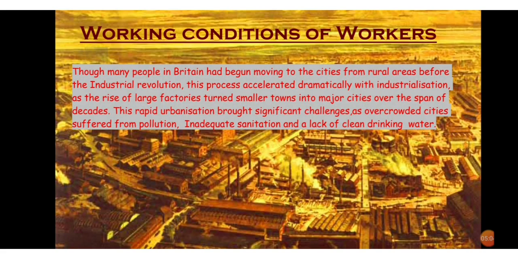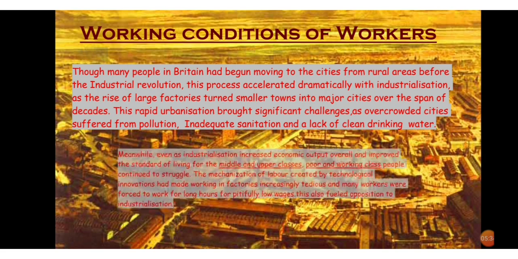Though many people in Britain had begun moving to the cities from rural areas before the Industrial Revolution, this process accelerated dramatically with industrialization, as the rise of large factories turned smaller towns into major cities over the span of decades. This rapid urbanization brought significant challenges, as overcrowded cities suffered from pollution, inadequate sanitation, and a lack of clean drinking water.